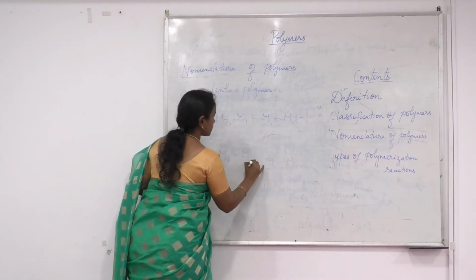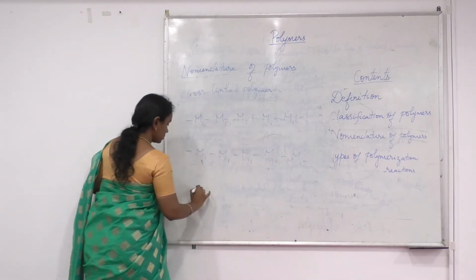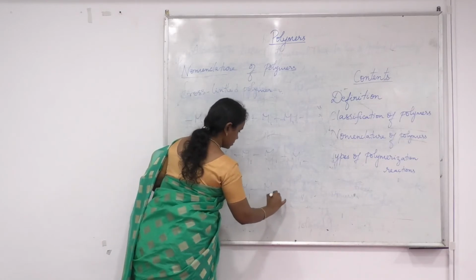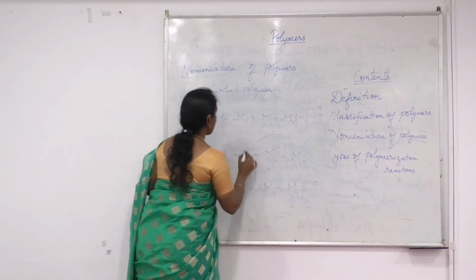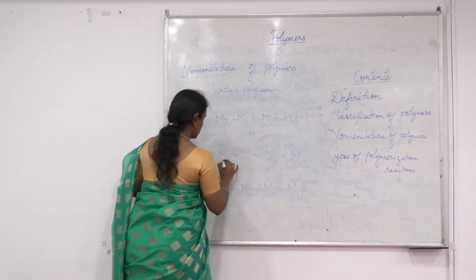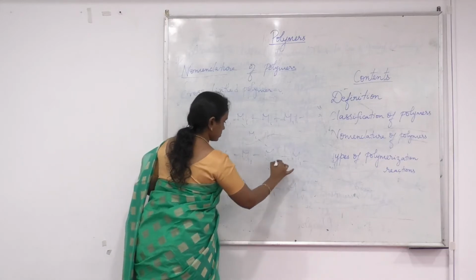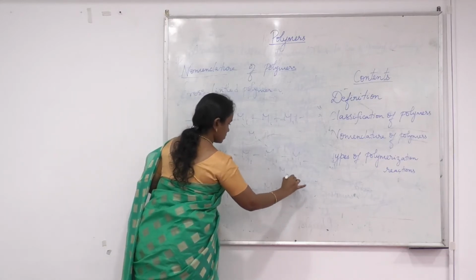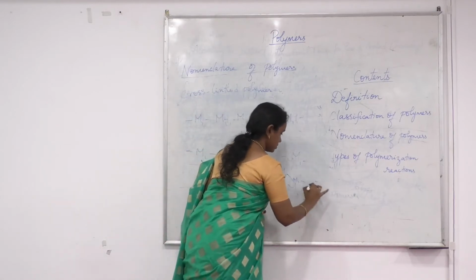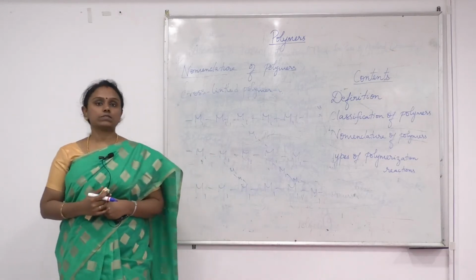I am drawing the structure of a cross-linked polymer. 3 different polymer chains are there, and there will be some cross linkages. So this type of structure is known as cross-linked structure. This type of polymer is known as cross-linked polymer.